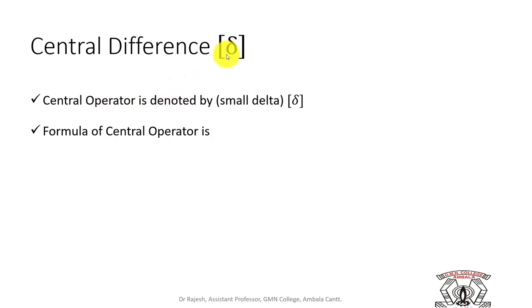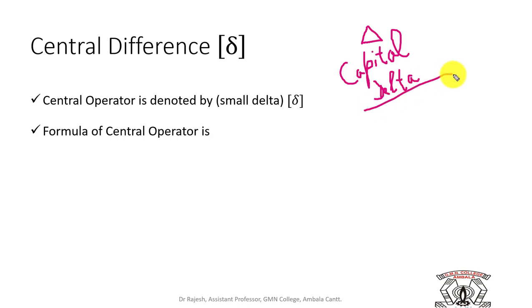Central difference operator is denoted by small delta, and earlier we used capital delta for the forward difference operator. This one is capital delta.